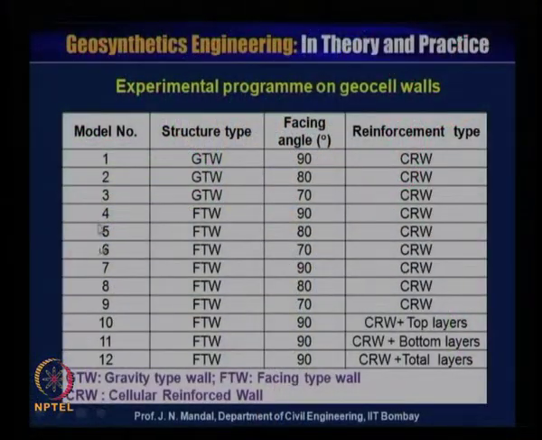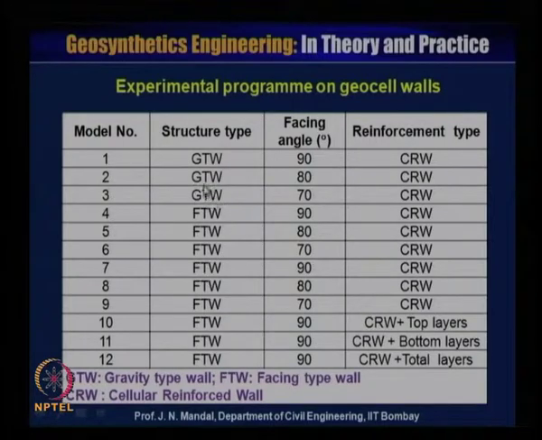In the experimental program for the geocell wall, there are 12 models. GTW indicates gravity type wall, with the facing angle 90 degrees, and the reinforcement side CRW means cellular reinforced wall.